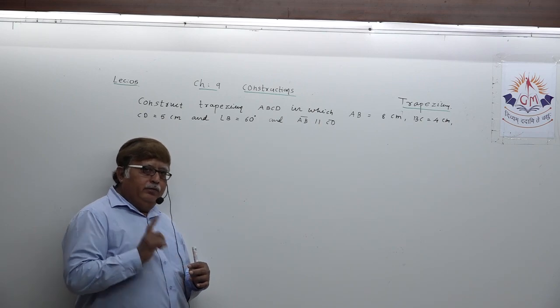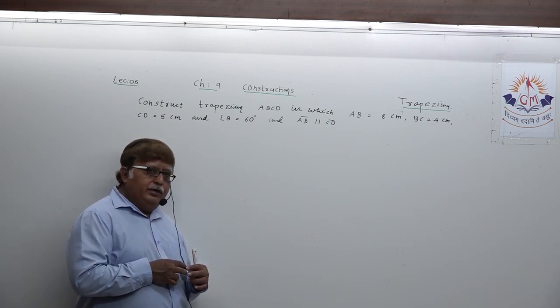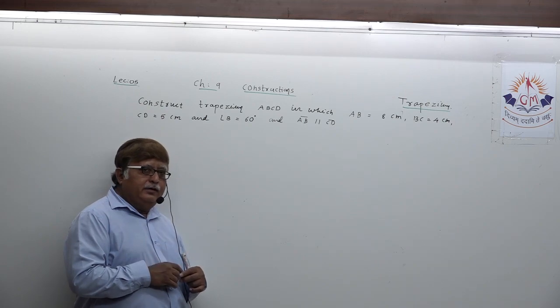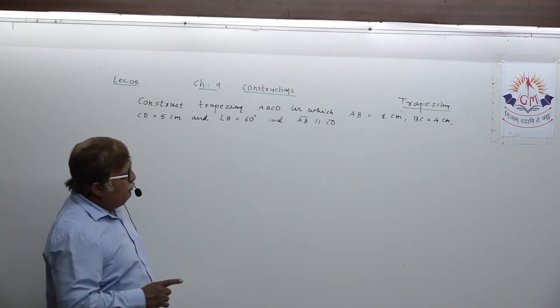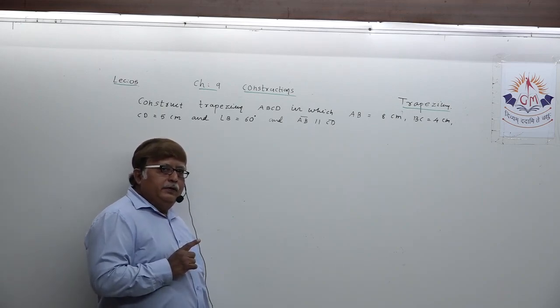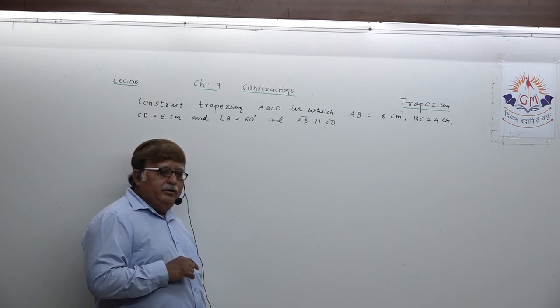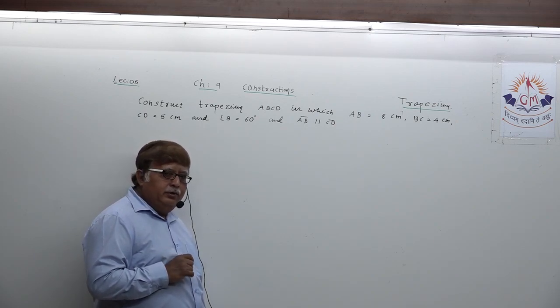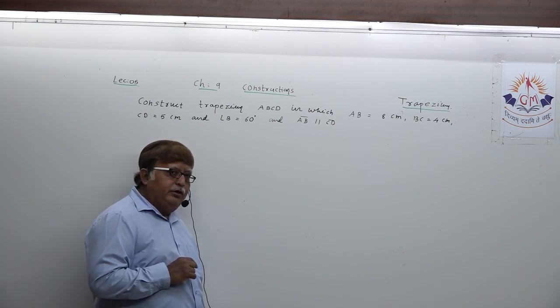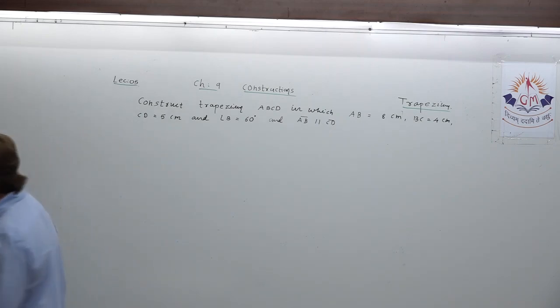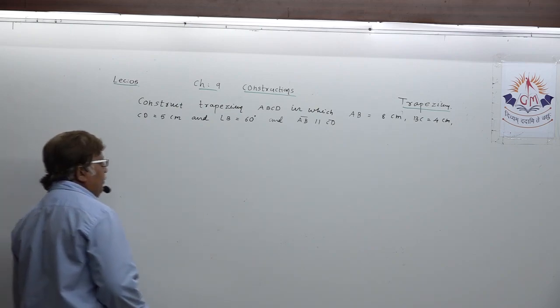That means when you construct trapezium, you have to not only realize all measurements given here precisely in construction, but at the same time you also have to be very sure that you construct trapezium in such a manner that you will confirm that you get AB parallel to CD. That is very important to understand. Okay. First, this is the construction which we are targeting.